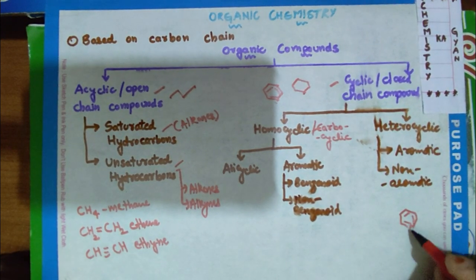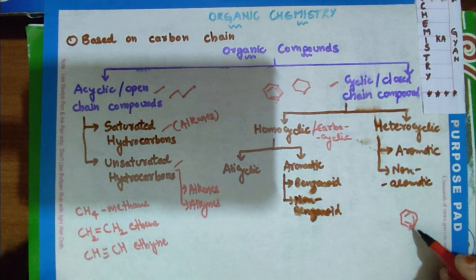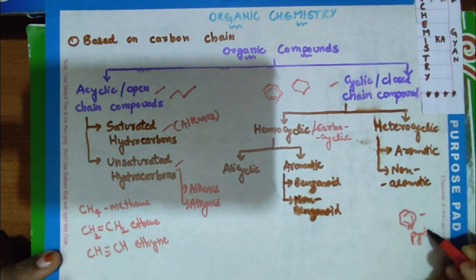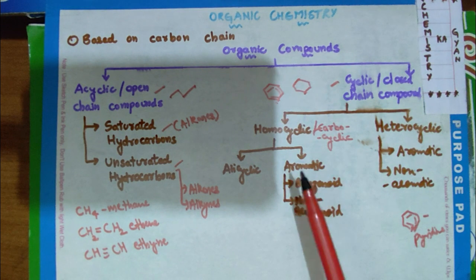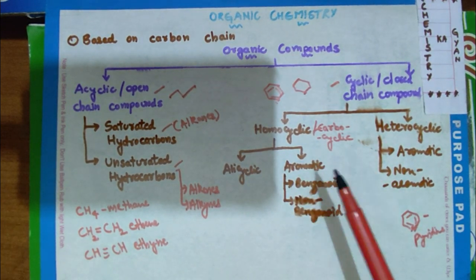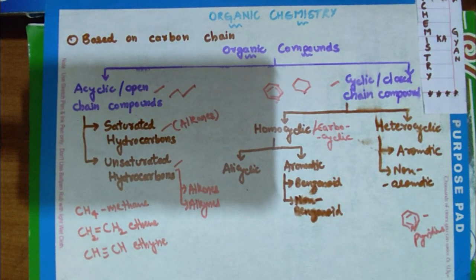Okay, so this is where instead of the sixth carbon, it contains a nitrogen, which is pyridine, right? Next, we see the division of, again, homocyclic compounds, that is alicyclic and aromatic. So what is alicyclic?